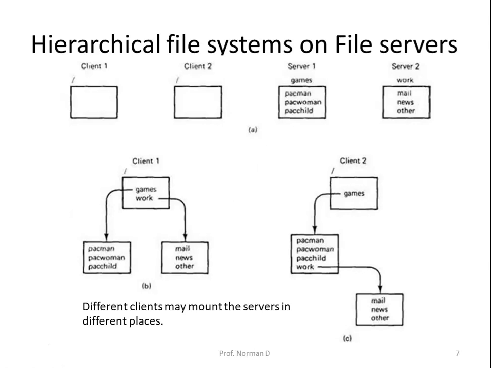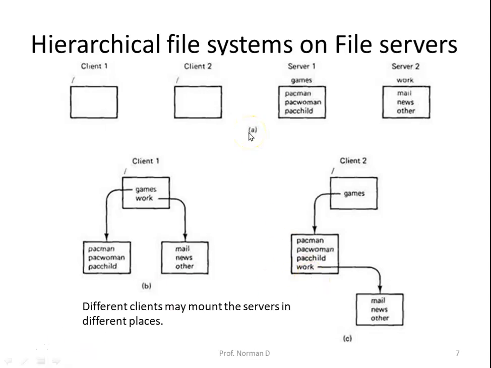Now we'll discuss hierarchical file systems on the file servers. File servers generally maintain hierarchical file systems, each with a root directory containing subdirectories and files. Workstations can import or mount these file systems, augmenting their local file system with those located on the servers.